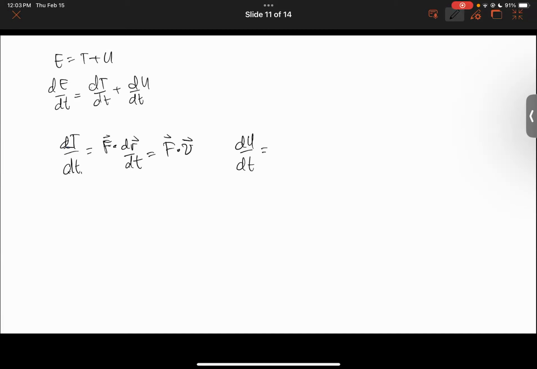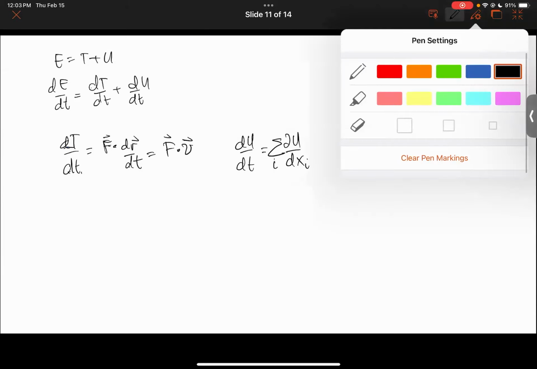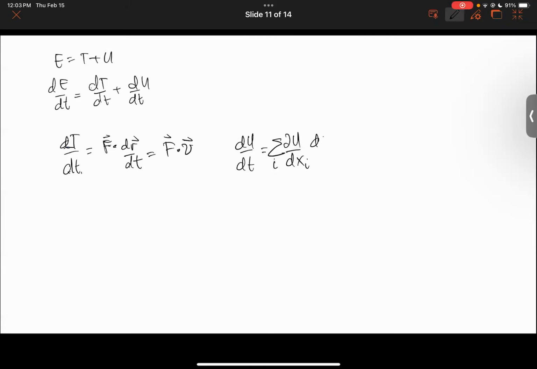Regardless kung spherical polar yan or Cartesian, we need to expand dU with respect to those coordinate systems, and then syempre sum yan ng lahat ng coordinate system na yan. And dx_i/dt. So this is nothing but yung chain rule.